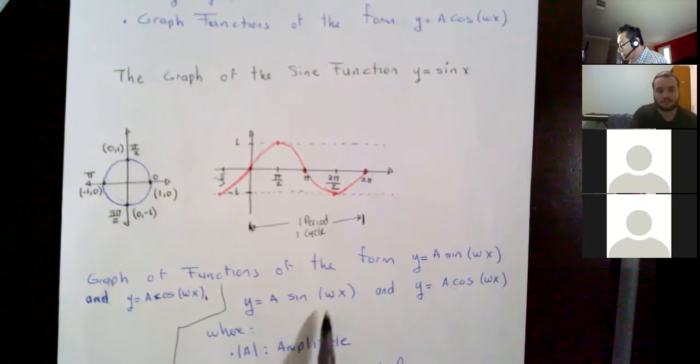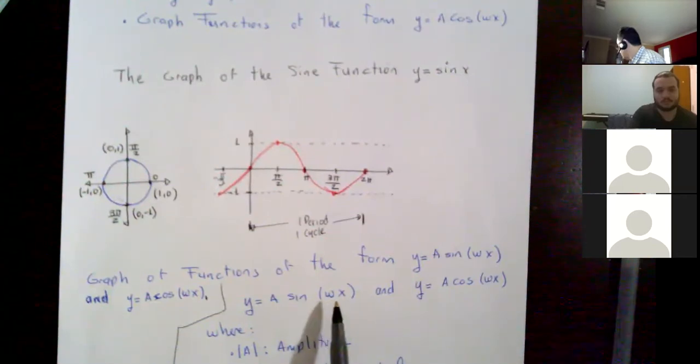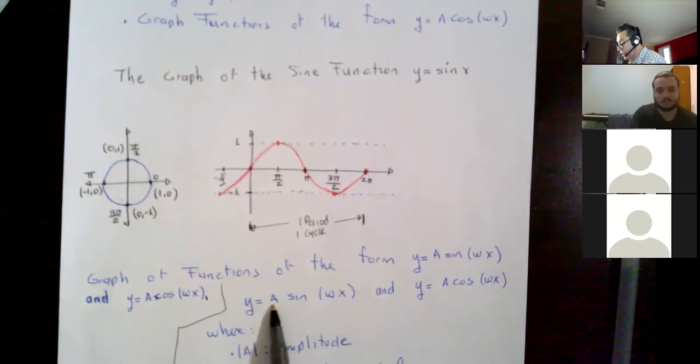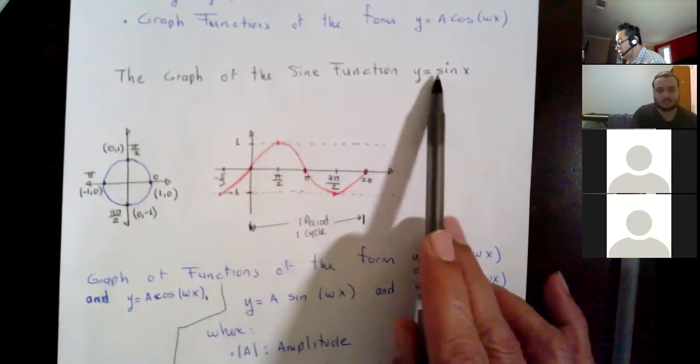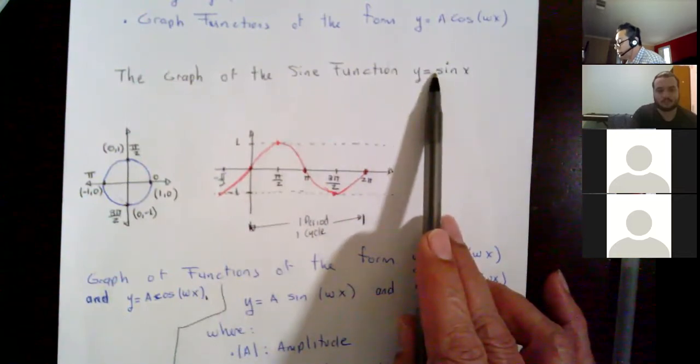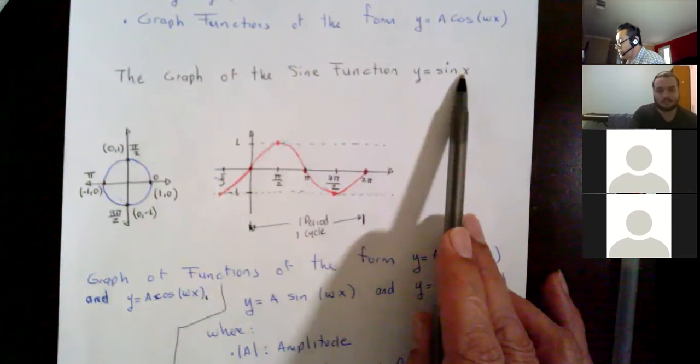Omega is a horizontal compression or stretch, depending on the value of omega. For the basic sine function, the amplitude is 1, and omega happens to be 1.